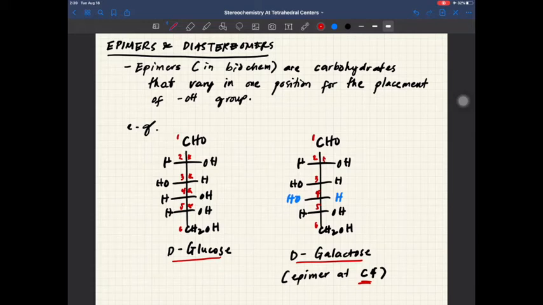At carbon number 2, you have a chiral center, but it's a similar orientation with that of D-glucose. In carbon number 3, you also have the same orientation for this chiral center, but in carbon number 4, the orientation is different. So basically, these two are epimers of each other, or D-galactose is the C4 epimer of glucose, and epimers are just a subset of diastereomers.